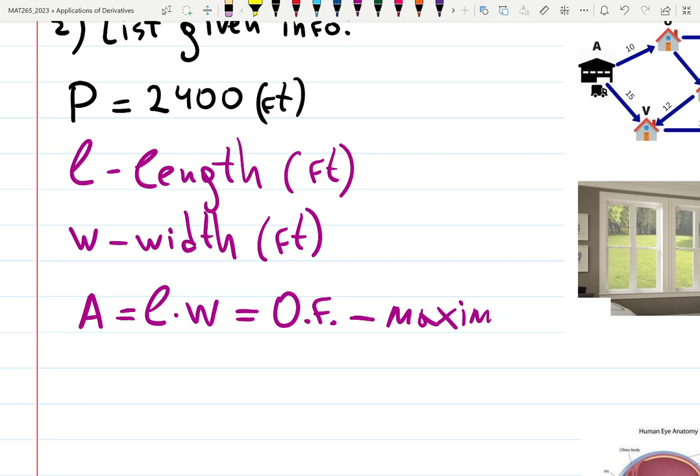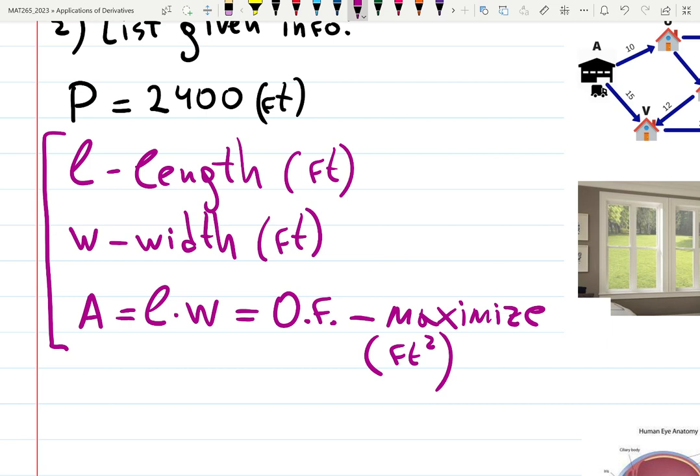Don't get distracted with beautiful pictures on the right. I will mention them later. What are the units of this objective function? Feet times feet gives you feet squared. And in general, it's area. Area has higher dimension than length and width. Second dimension, 2 dimensions.